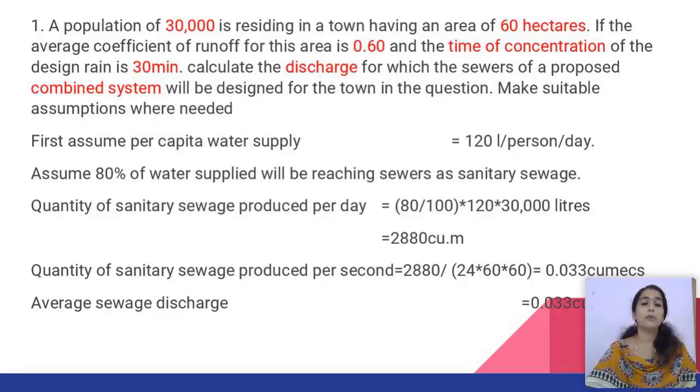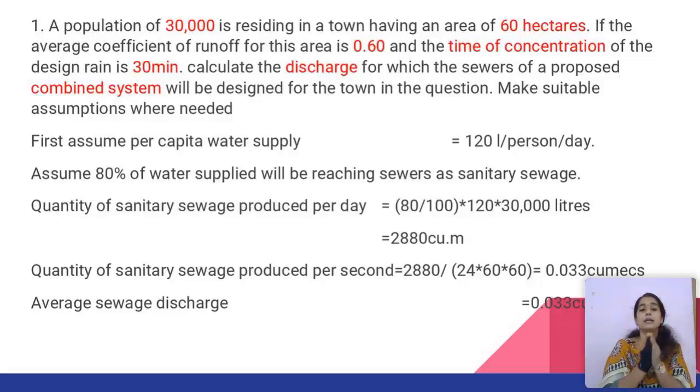That is, the population is given and the catchment area is also given. That is 60 hectares. And the average coefficient of runoff is given. That is C or K is already given. That is 0.6. The runoff coefficient for the entire area is given.